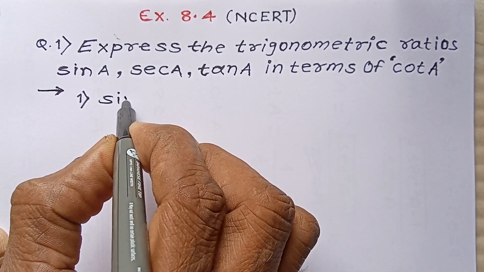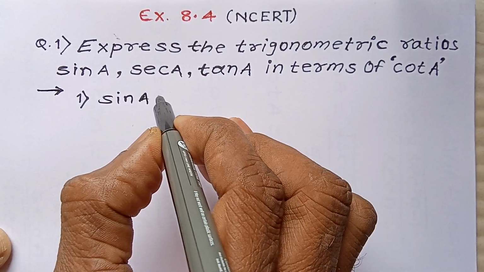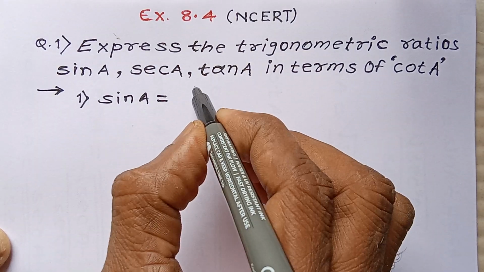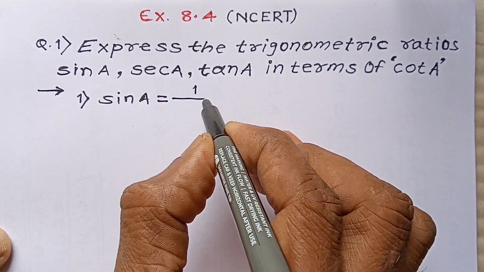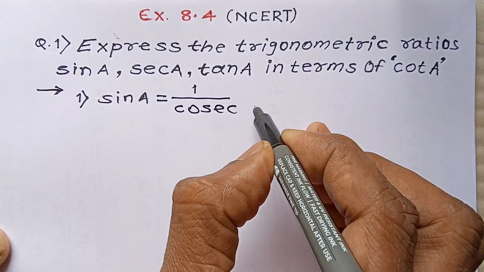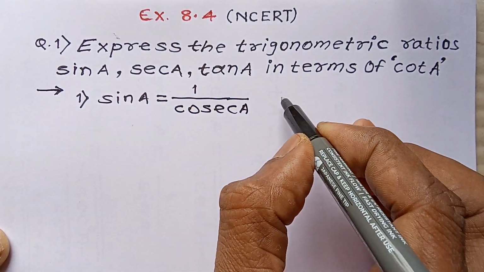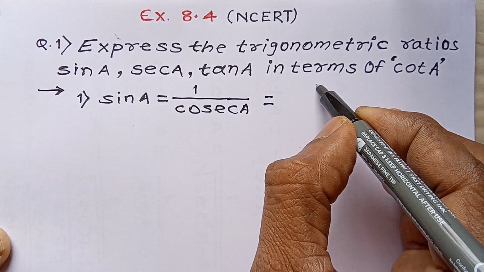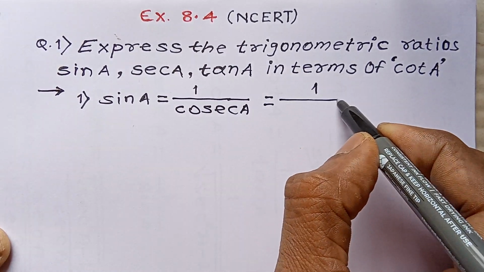Now the formula for sin A is equal to 1 upon cosec A. This cosec A we again reduce to square.